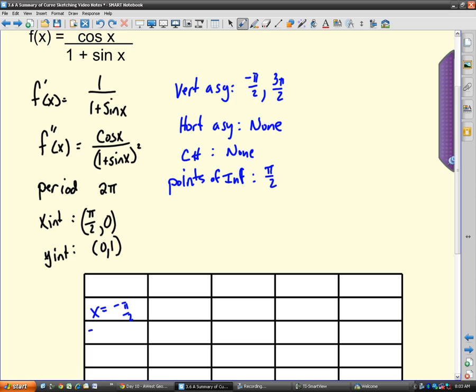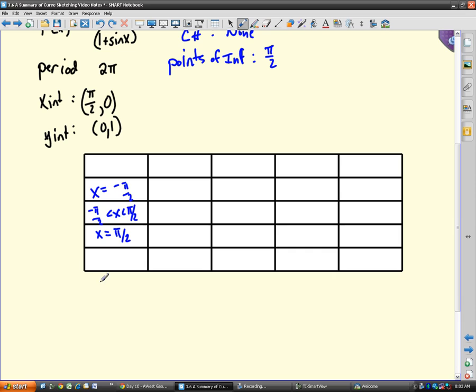And then we're going to go at pi over 2. And then from pi over 2 to 3 pi over 2. And then we're going to end at x equals 3 pi over 2. And so then we have our f of x, f prime of x, f double prime of x, and then our conclusion.